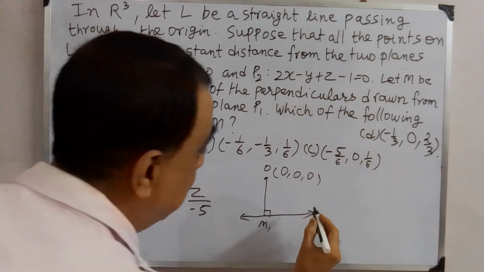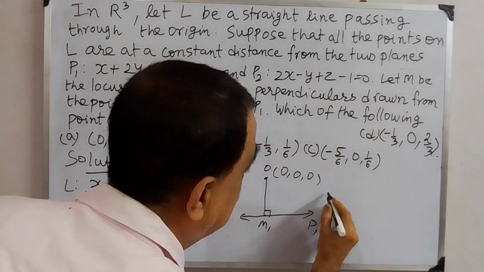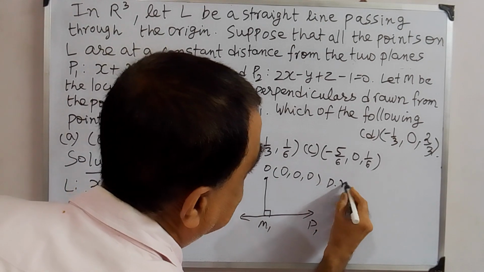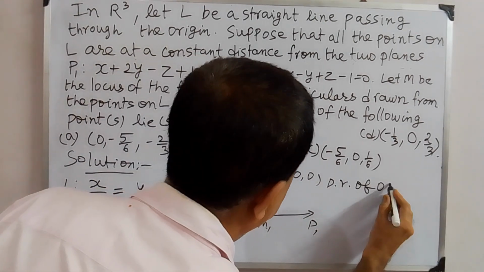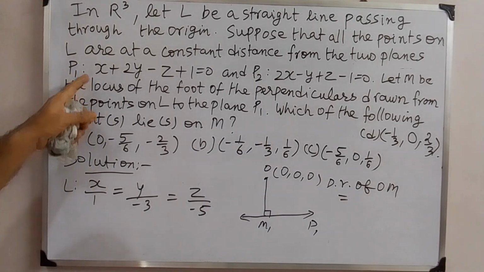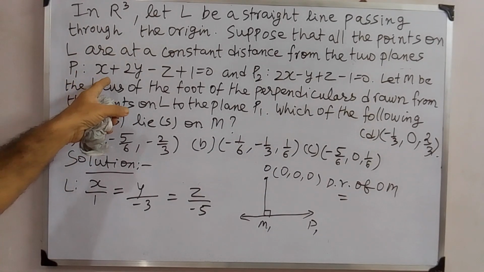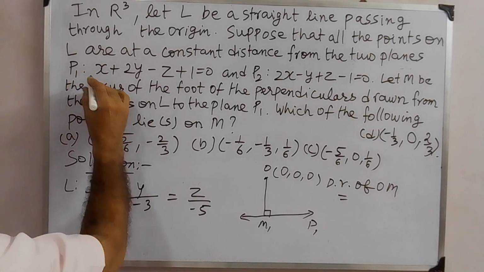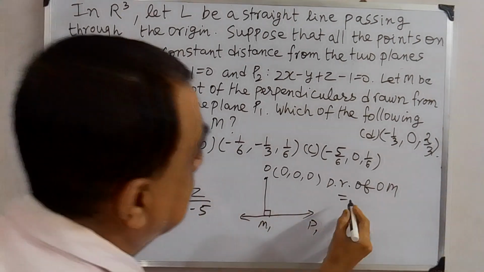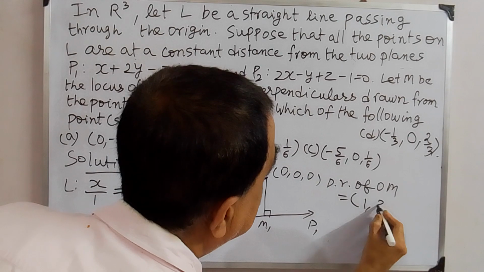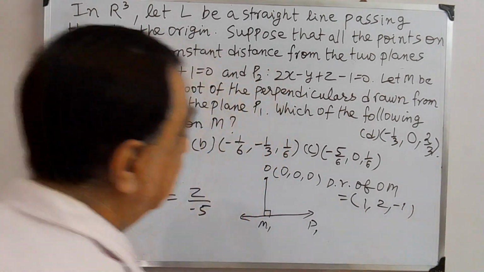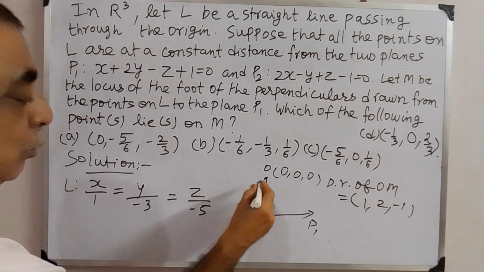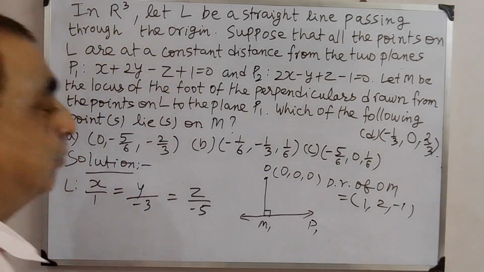So the direction ratio of OM will be the same as the direction ratio of the normal to the plane P1. The direction ratio of the normal to the plane P1 is 1, 2, minus 1. So the direction ratio of OM will be the same, 1, 2, minus 1, because OM is perpendicular to P1.